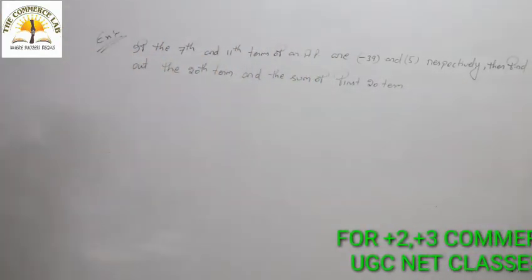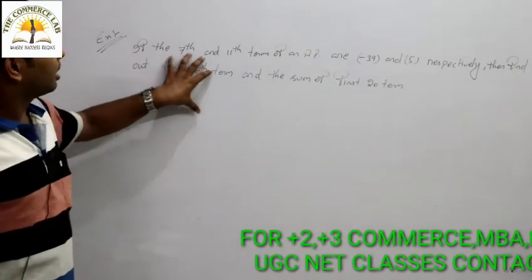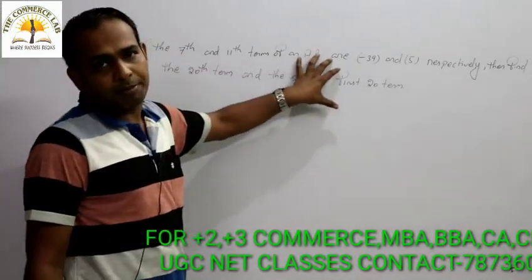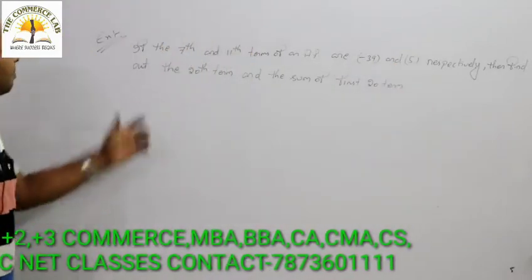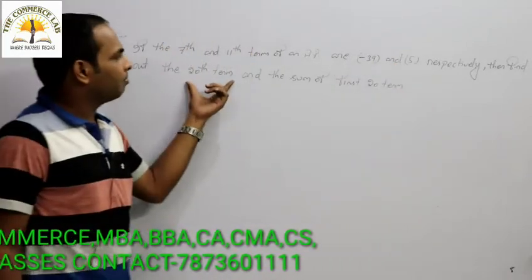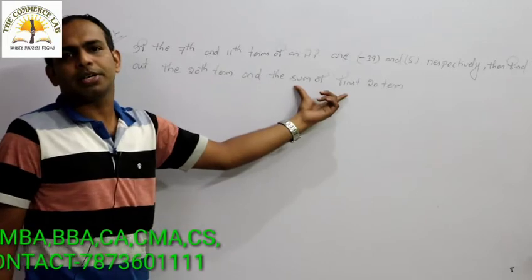So what if the 7th and 11th terms of an AP are minus 39 and 5 respectively, then find out the 20th term and the sum of first 20 terms.